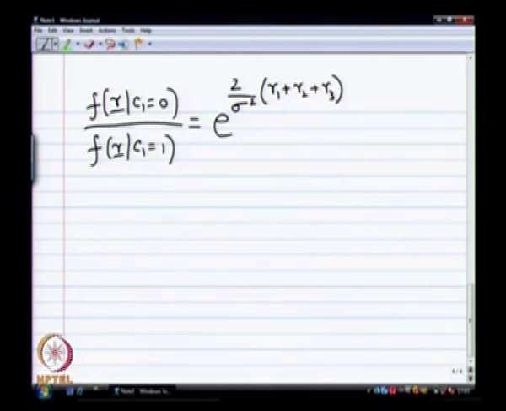You can do that work. It is just basic algebra. You can cancel and subtract and you will get this answer: e power 2 by sigma square into r1 plus r2 plus r3.